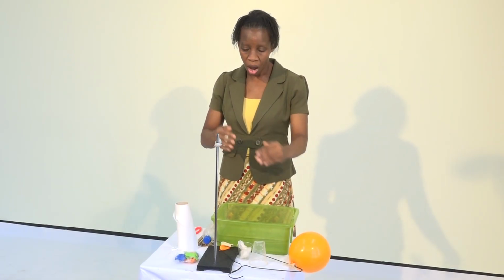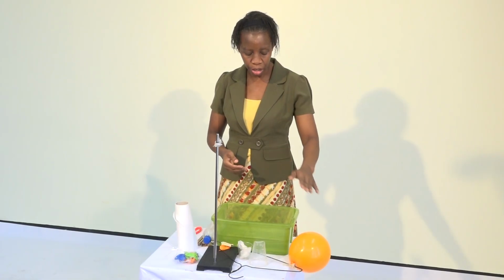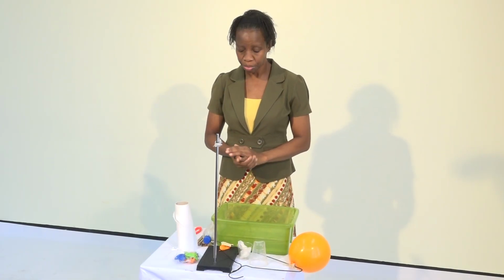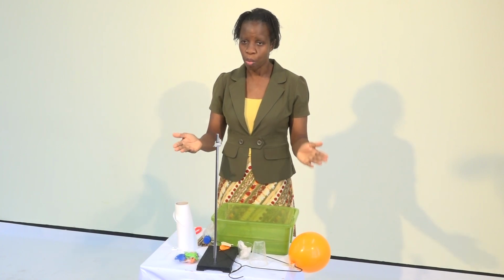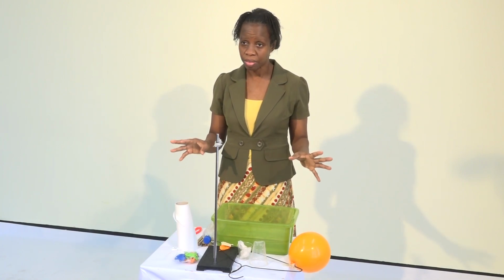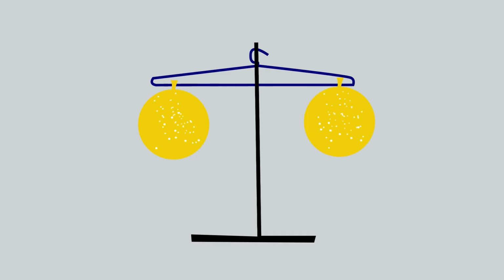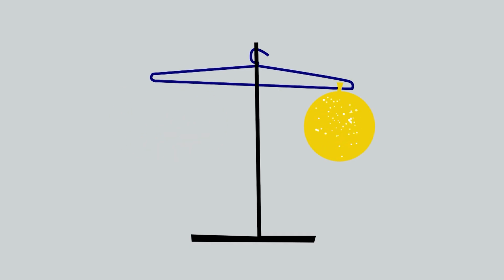Now, when we placed the hanger on this clamping stand and added our balloons, when we had both balloons on, they were about balanced. But when we burst one of the balloons, it became unbalanced.